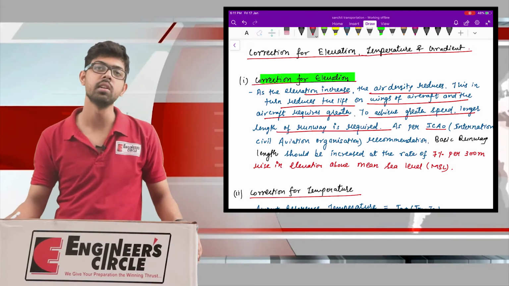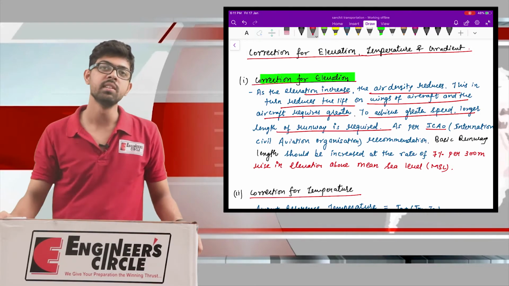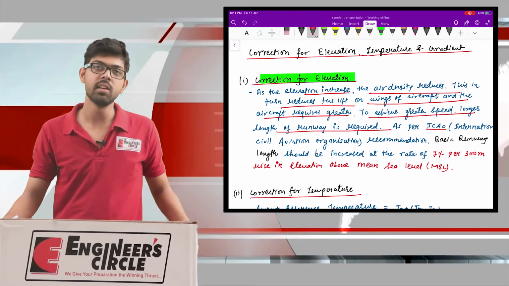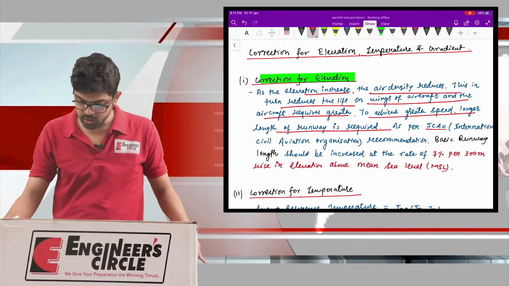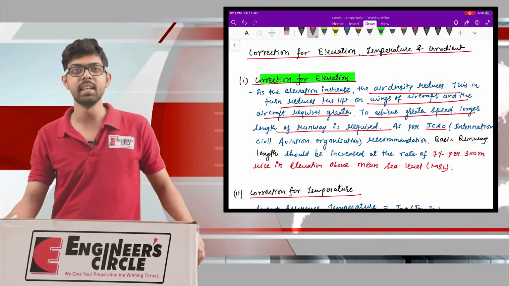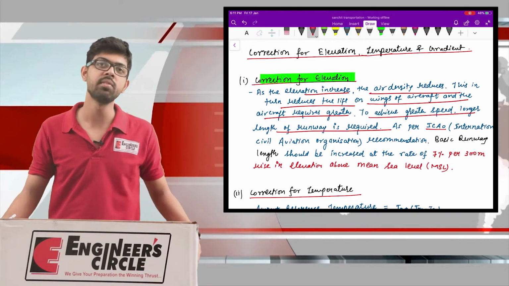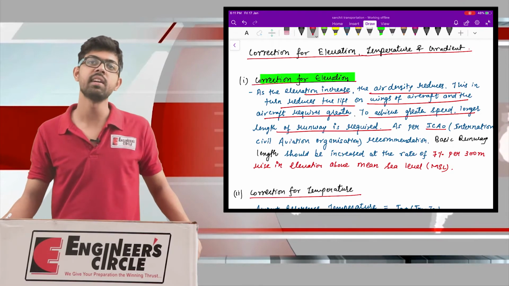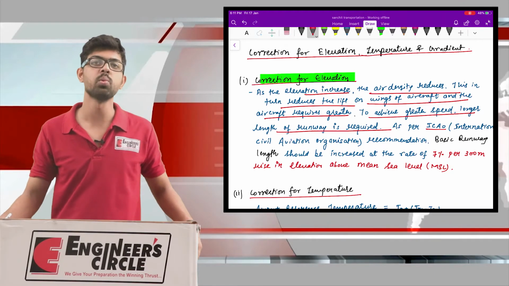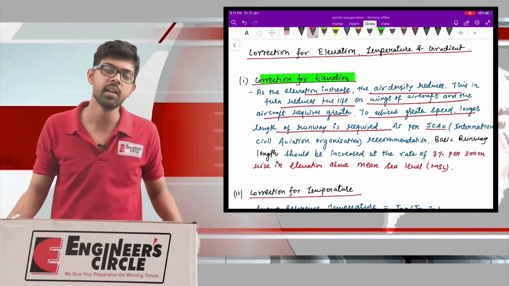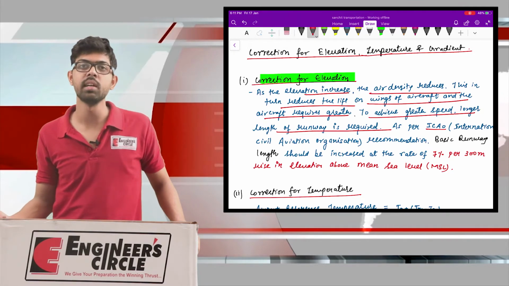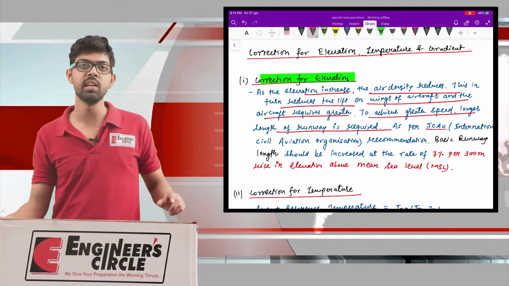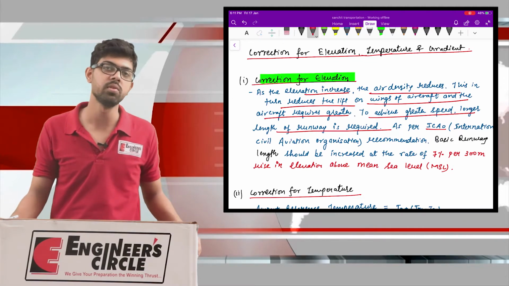We know that if your land is situated at a higher altitude, then the density decreases as we go up, and as the density reduces, then in order to achieve the greater lift, your aircraft needs to travel at a much faster speed, and traveling at a much faster speed requires a greater length of runway, and that greater length of runway is known as your modified runway length, and that modified runway length is basically more than that of your basic runway length.